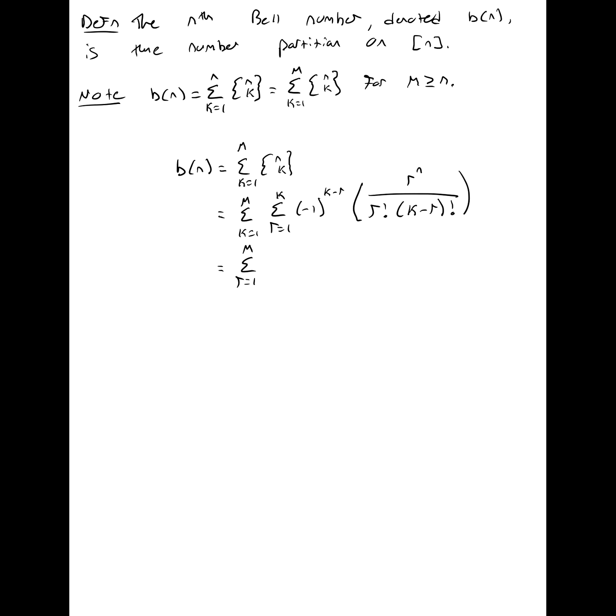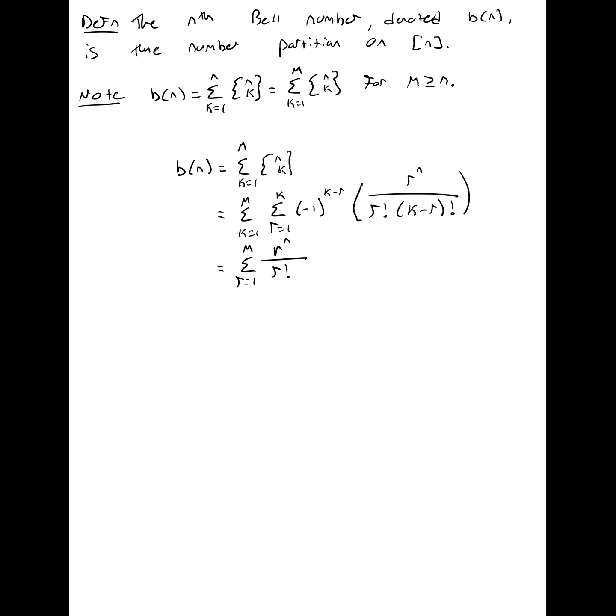If we start at 1, we'll notice that the only things that don't depend on k are the values r to the n and r factorial. So this piece right here and this piece are the only two that don't depend on k. This one depends on k and this one depends on k.